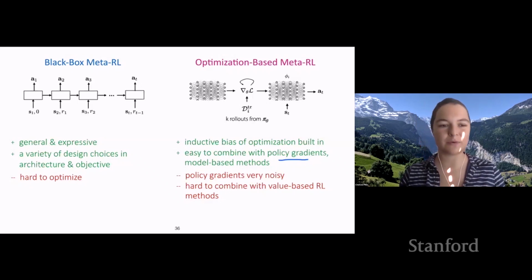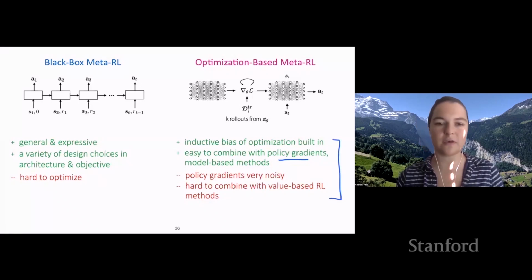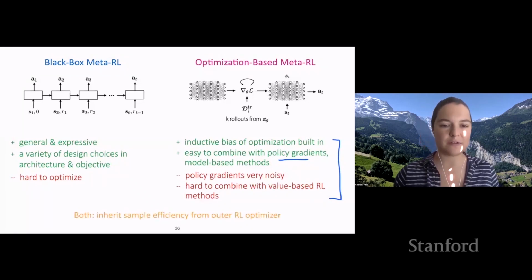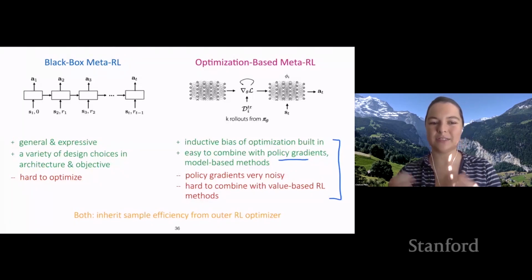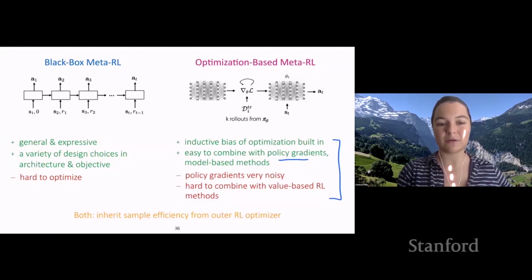So these are very similar pros and cons to before, with some added challenges if you want to apply optimization-based meta-RL methods. And both of them inherit the sample efficiency of the outer RL optimizer. If you use a model-based approach, it's extremely efficient. If you use an offline approach, it's a lot more efficient than a fully on-policy approach.